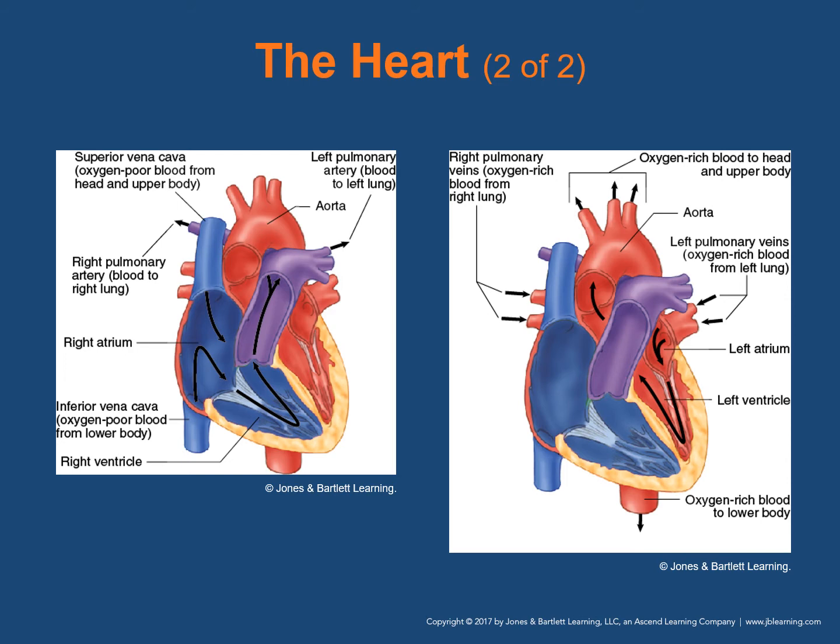From the right ventricle, the blood travels through the pulmonary arteries, left and right, to the lungs. At the lungs the waste leaves the bloodstream and the oxygen comes in. So gas exchange is occurring there.